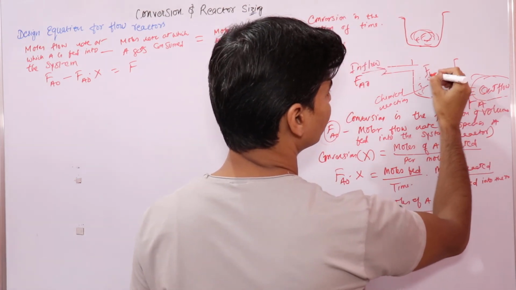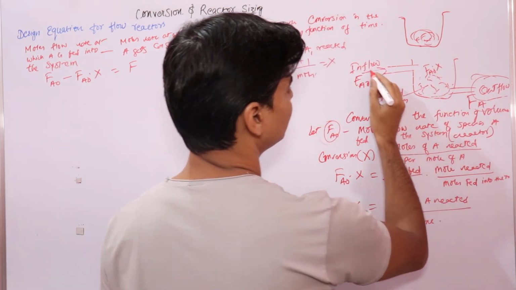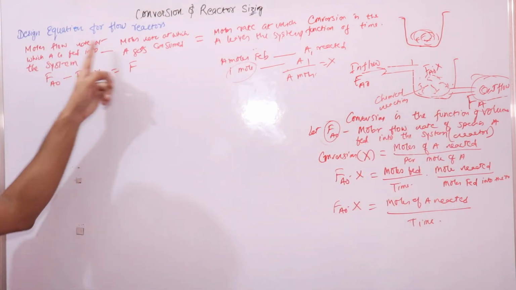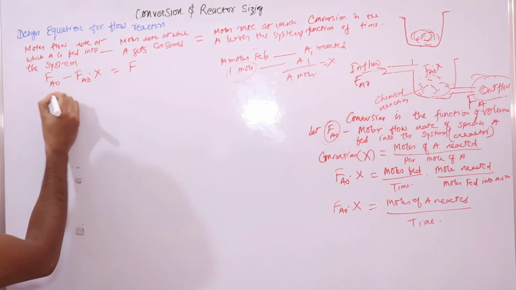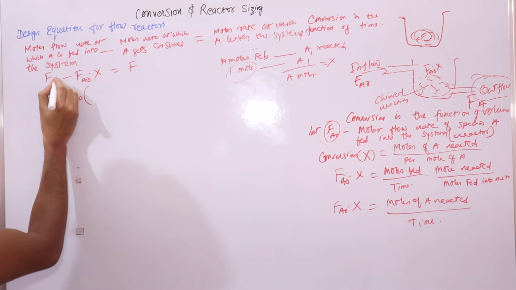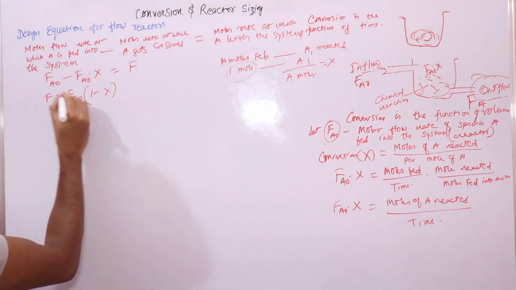This is your FA0 X and this is your FA. You can clearly see these quantities right here. So FA is equal to FA0, you take FA0 common, (1 minus X).